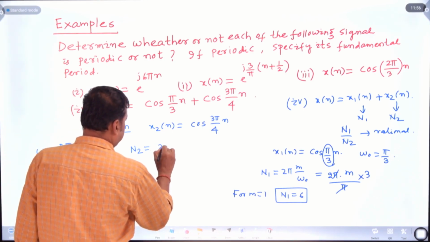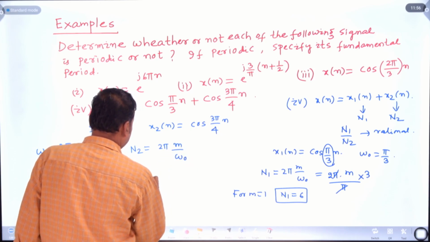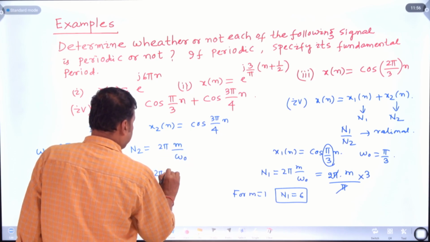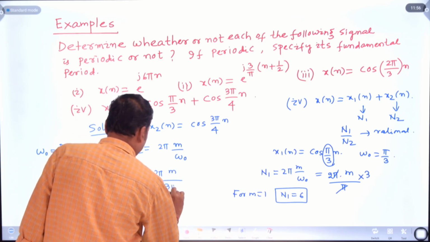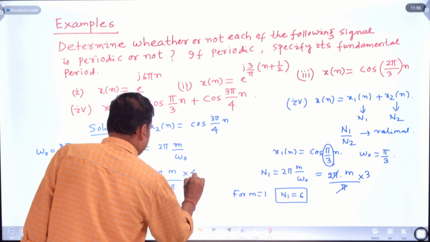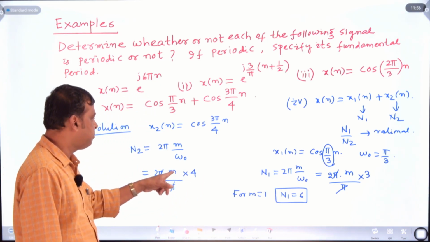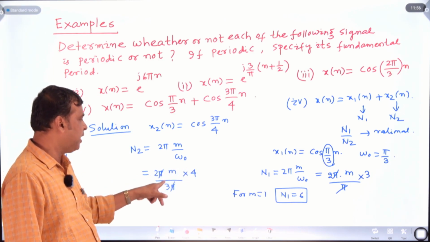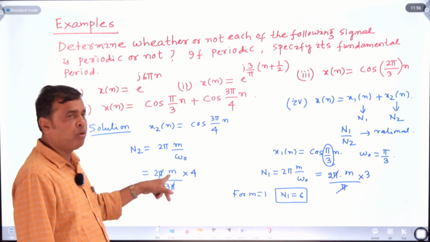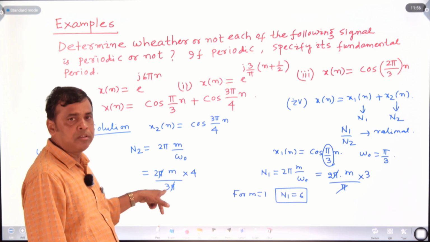n2 equal to 2 pi into m by omega naught, and omega naught is 3 pi by 4. 3 pi by 4 is coming to the numerator. Here pi will be cancelled out. What is my value of m? If m equal to 1, 2 into 1 is 2, 2 into 4 is 8 by 3, which is not an integer. If m equal to 2, 2 into 2 into 4 is 16 by 3, which is not an integer.